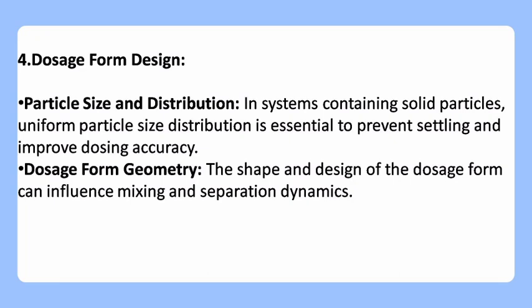Fourth, dosage form design. Under this, A. Particle size and distribution. In systems containing solid particles, uniform particle size distribution is essential to prevent settling and improve dosing accuracy. B. Dosage form geometry. The shape and design of the dosage form can influence mixing and separation dynamics.